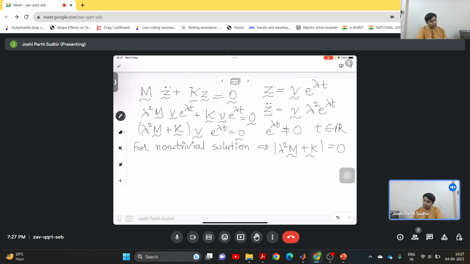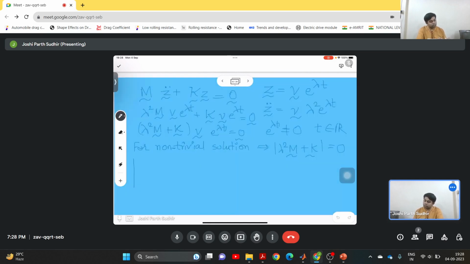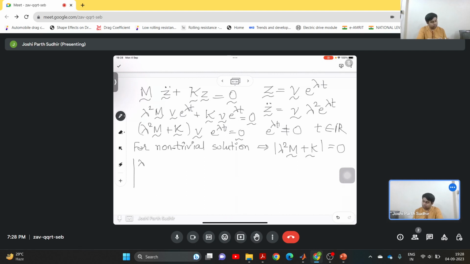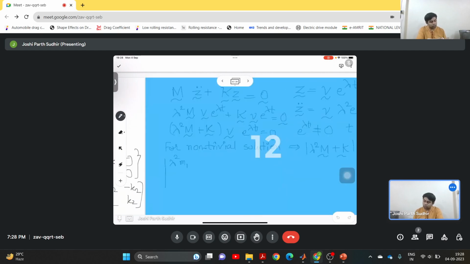So let us write down the value of this determinant. This will be our mass matrix, m1, 0, 0, m2. So it will become lambda square m1, and the corresponding element in the K matrix is k1 plus k2.